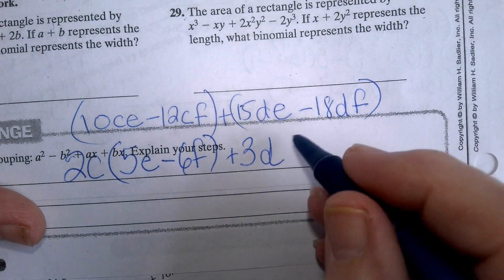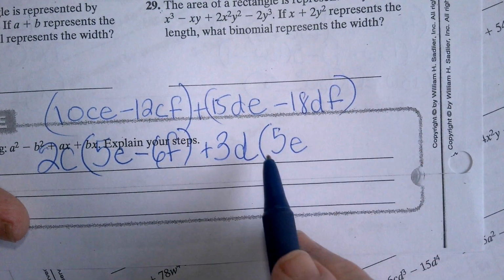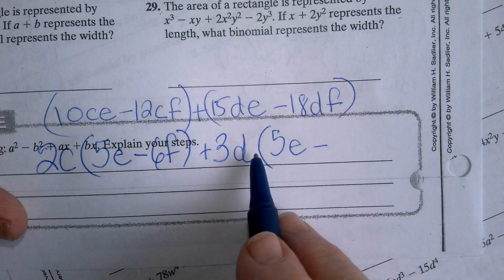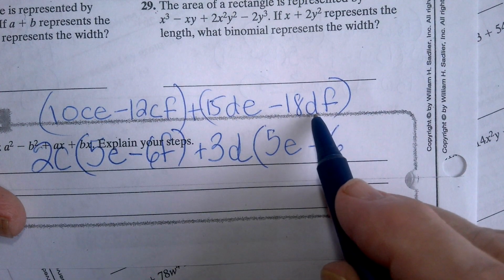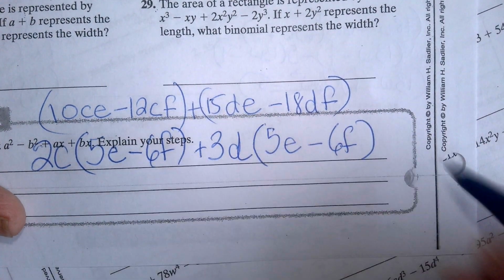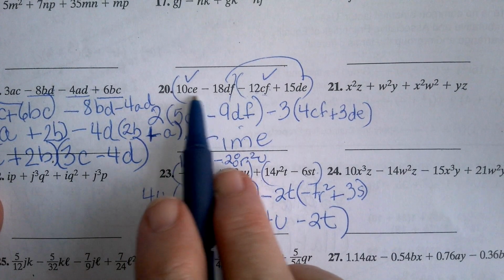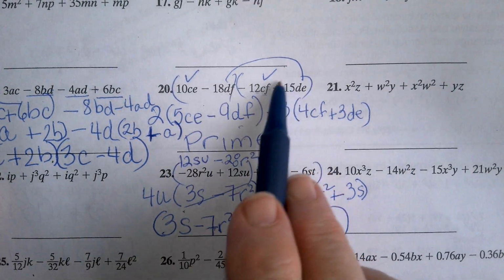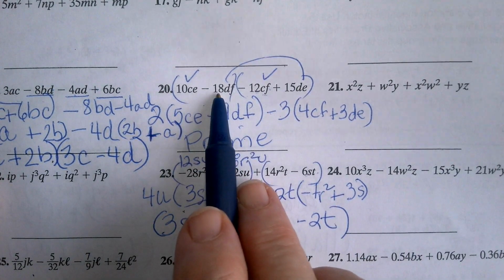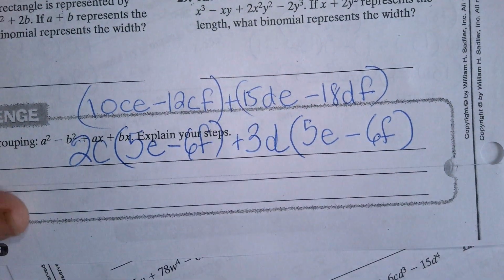And then we're left with a 5E minus, is it 6F? We're pulling out the D. Oh, that comes out. It does come out. So I learned from that, again, because there was no letter in common, you need to switch them around, and preferably putting the positive over here, rather than that negative in the middle, so you don't have to pull out a negative.